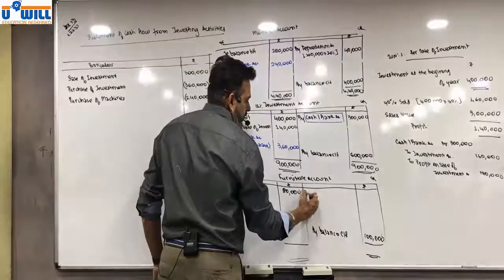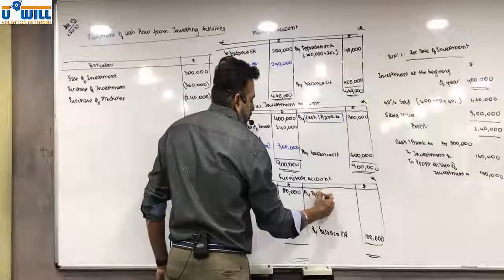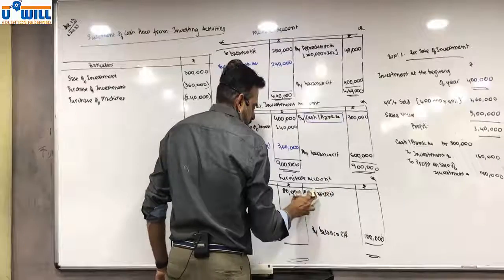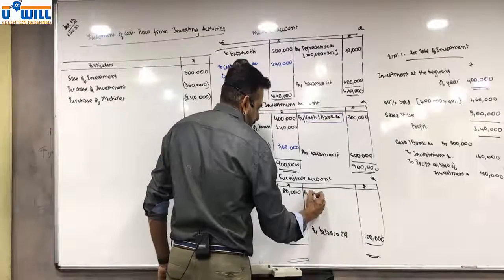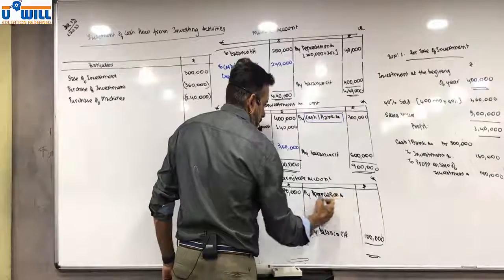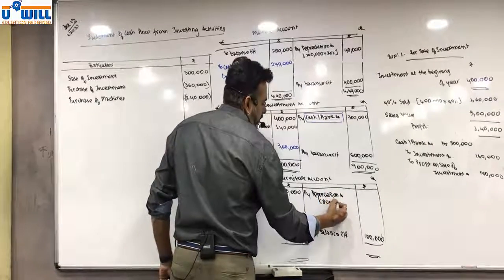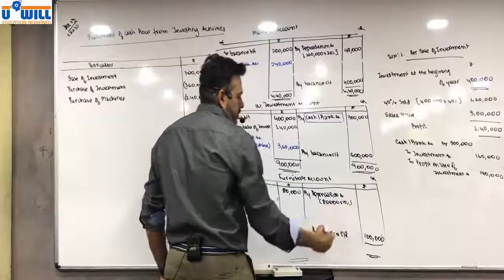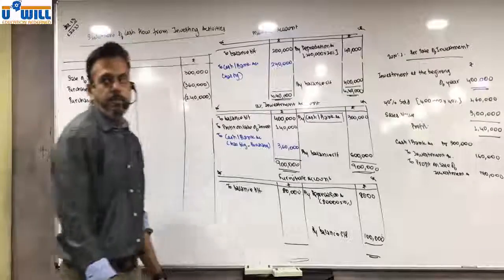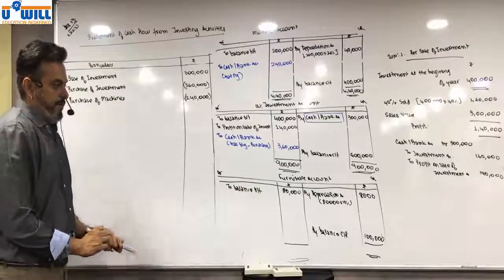By depreciation. What's the rate? 10%. 80,000 pay 10%, 8,000.